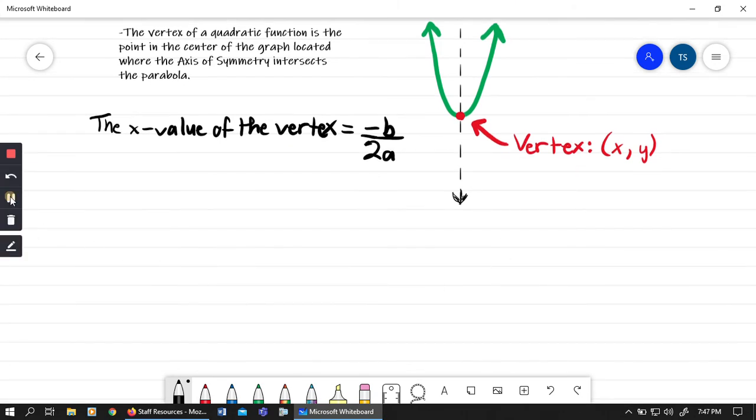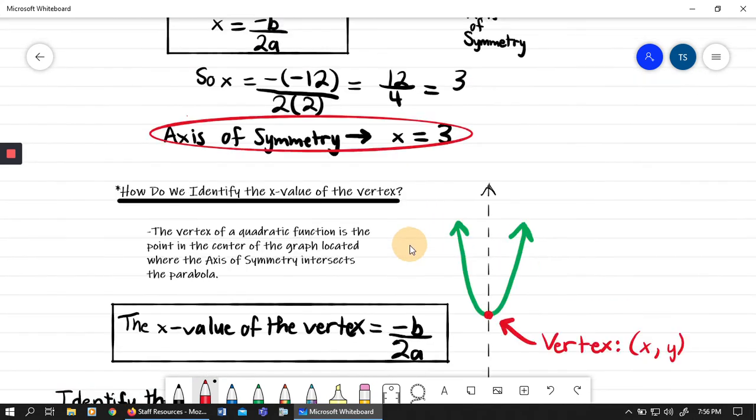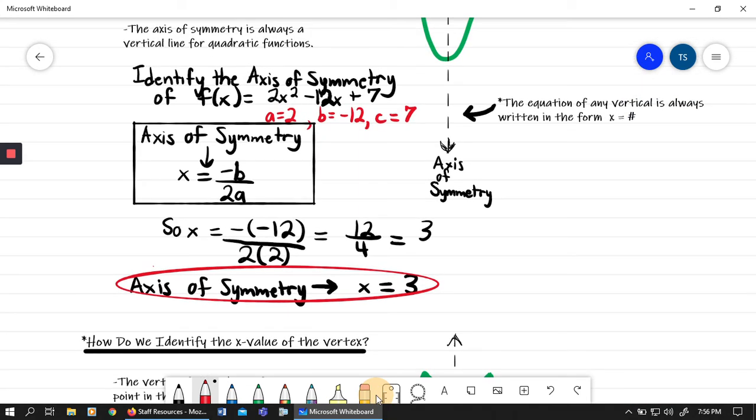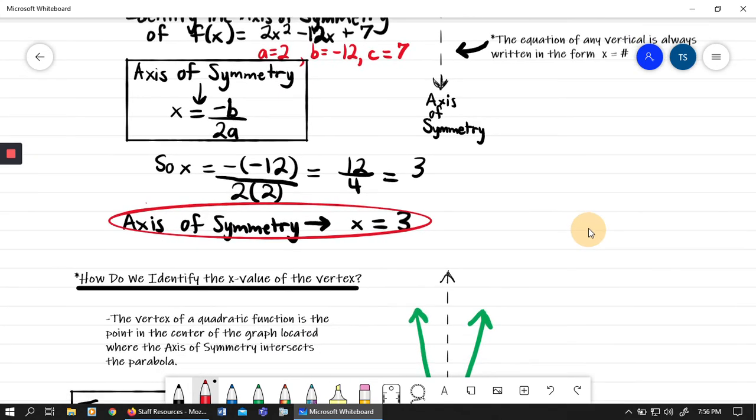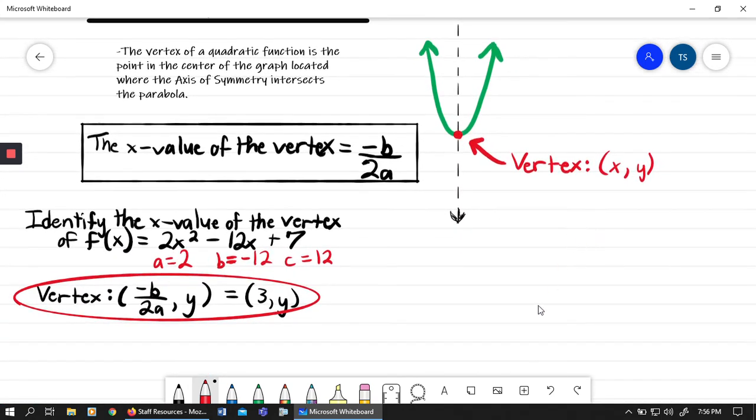When we use the exact same function that we used for the axis of symmetry, 2x squared minus 12x plus 7, because we're doing the exact same calculation, we wind up getting that the x value of the vertex is 3.